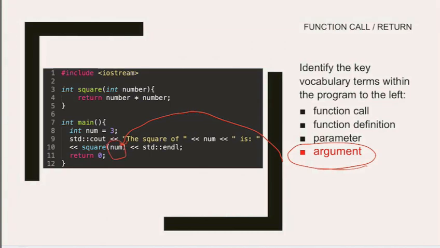Recall that the data that we pass to a function is named the argument. So hopefully you were able to easily identify these key terms so that now we can communicate and understand the flow of control and how this program actually processes.